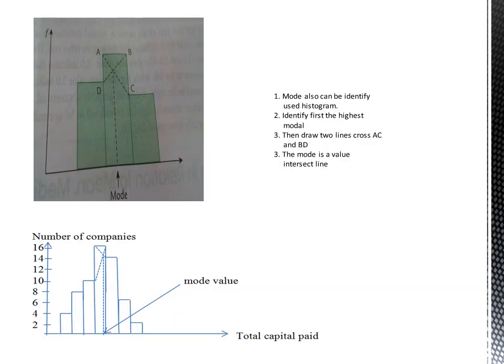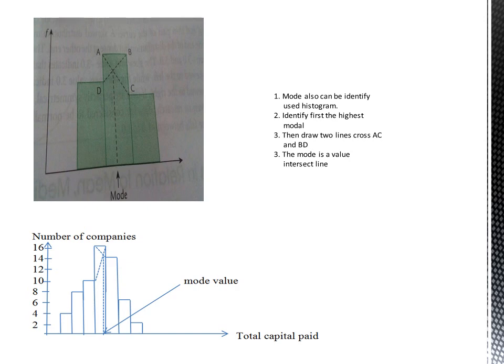For the mode, you can also identify it using a histogram. This is how to do it. First you need to draw the histogram, because without a histogram you cannot project from it. Then identify the highest bar, the modal class.